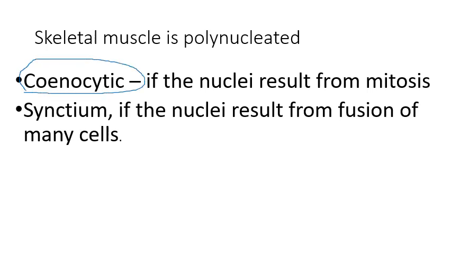You have met the egg cell, which does its first meiosis, then it loses 3, then mitosis, mitosis, mitosis, to get 8 nuclei altogether. And that version of being polynucleated is from mitosis, so coenocytic.